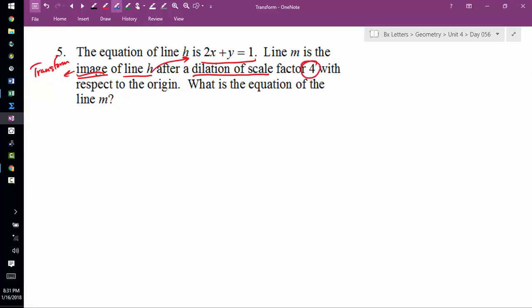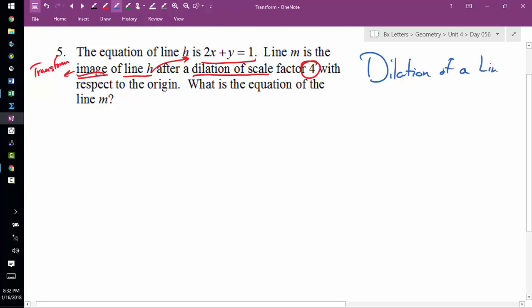And what we need to know in this kind of problem, when you have a dilation of a line, you really need to focus in on the point of dilation, because it's going to be one of two things.